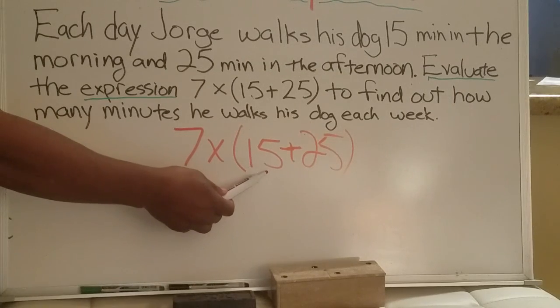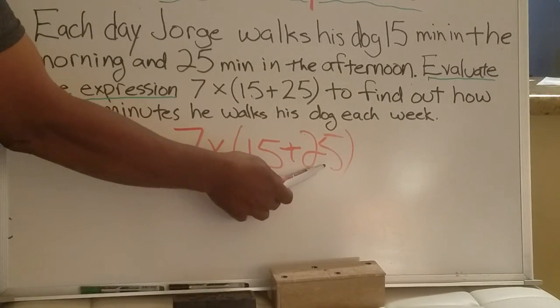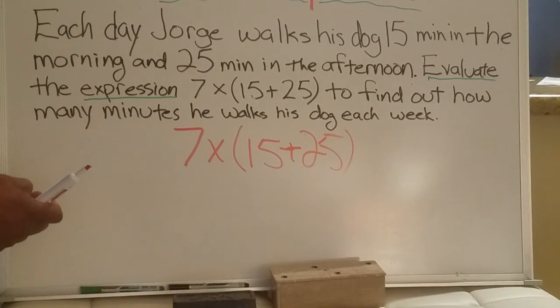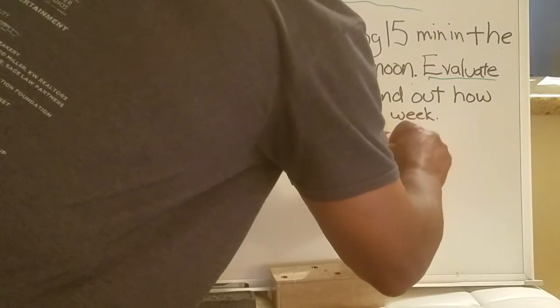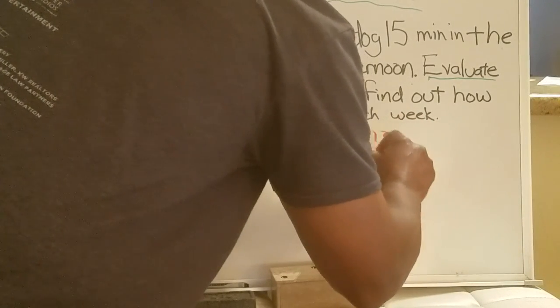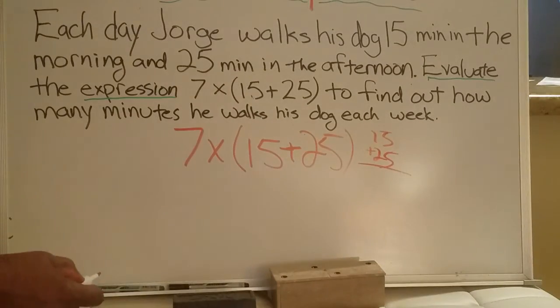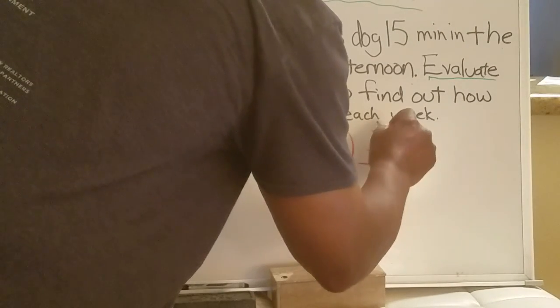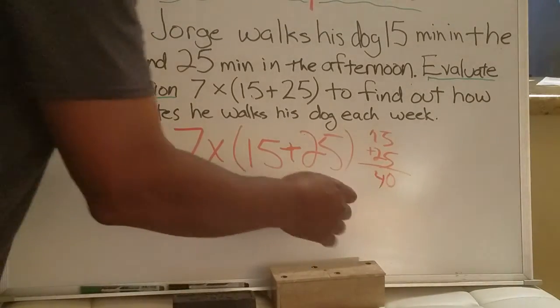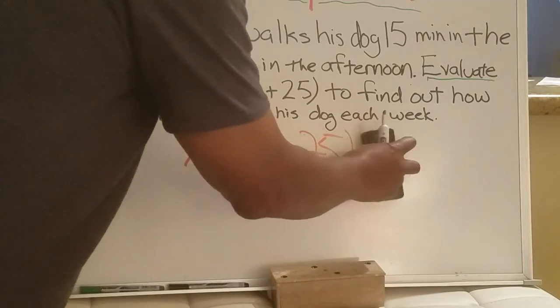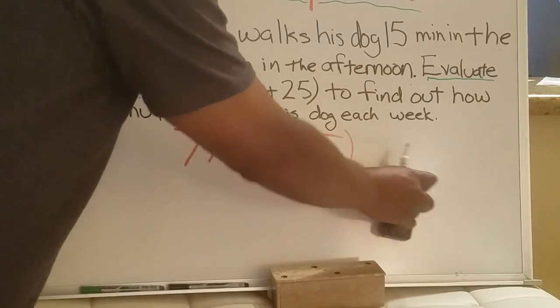Hey, there's the 15 minutes in the morning, there's the 25 in the afternoon. If you want to know how much time he walks his dog all day, just simply add that up. 15 plus 25, that's easy. 40. He walks his dog 40 minutes a day. His dog is getting a lot of exercise in.